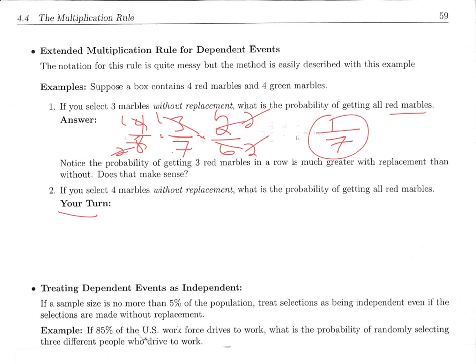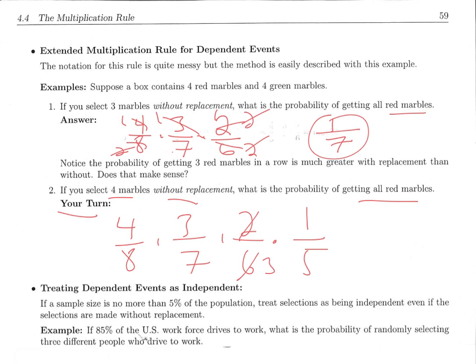So we're drawing 4 marbles without replacement. What's the probability of getting all red marbles? Well, first draw, 4 out of 8. Second draw, 3 out of 7. Third draw, 2 out of 6. Last draw, 1 out of 5. And we could do a bunch of simplification here. Well, maybe not as much as I'm thinking. Let's see. That's 3, and that's 1.